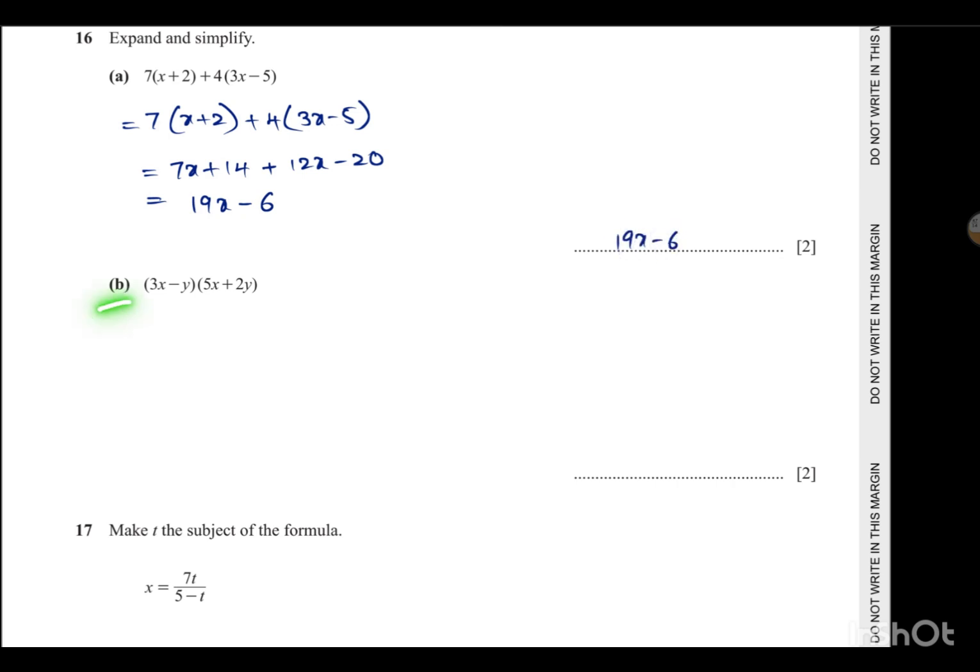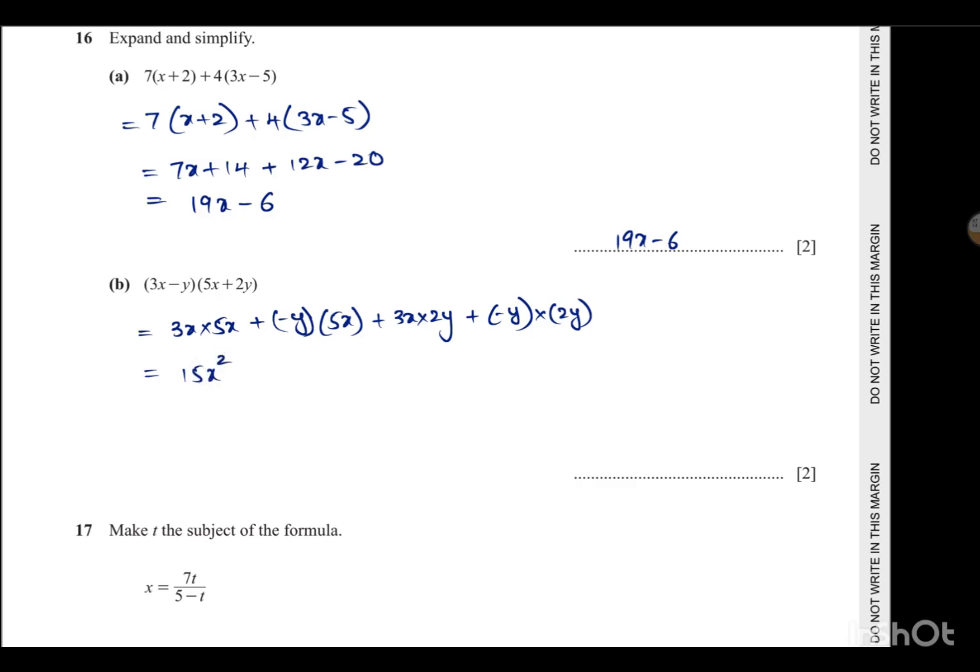Question number B now. 3x minus y into 5x plus 2y. Multiply the first term with the first term, 3x into 5x. Then the second term with the first term, minus y into 5x. Then the first term with the second term, plus 3x into 2y. Then minus y into 2y. 3x into 5x is 15x square.